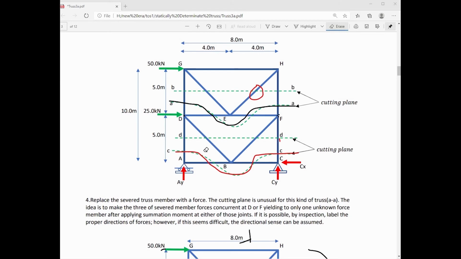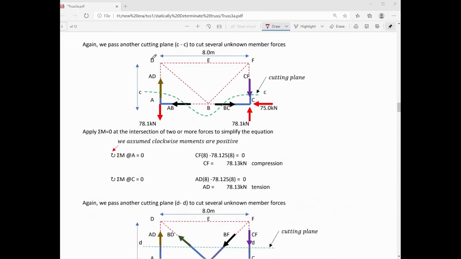In our case, and in my own opinion, it is more complicated to use the upper portion of the truss as free body diagram to solve for member force CF. It's the reason why I will select the lower part of the truss, the free body diagram below cutting plane C. Here is now our free body diagram as we pass cutting plane C.